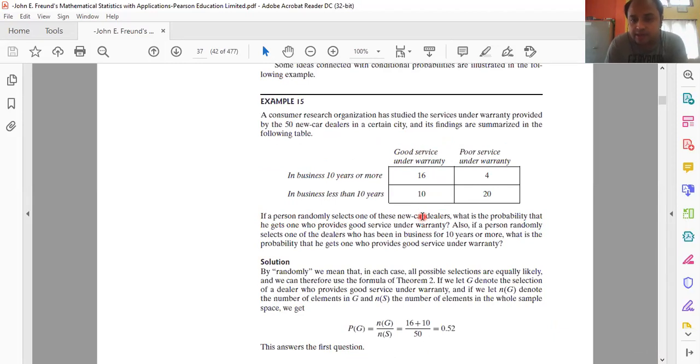Some of them are in business for 10 years or more, some for less than 10 years. So I have to stick to this particular column, and consider the total number of items. Now they have denoted the events, and denoting events is also very important. I said in the last class that events are the subsets present in the Boolean algebra.